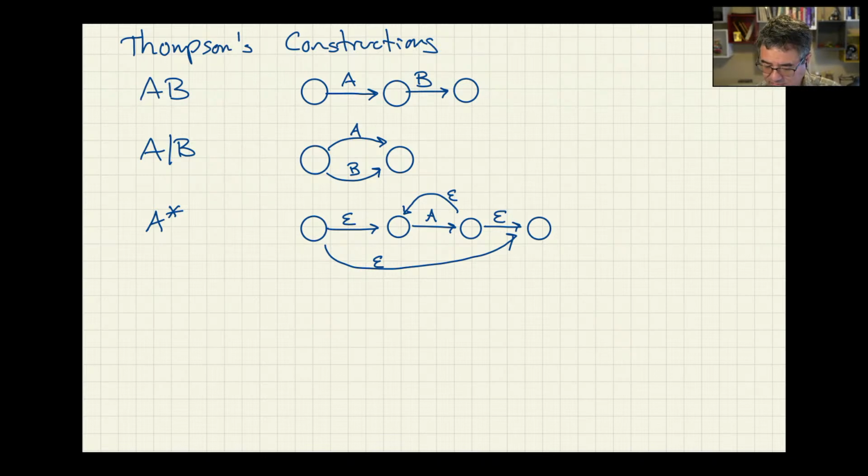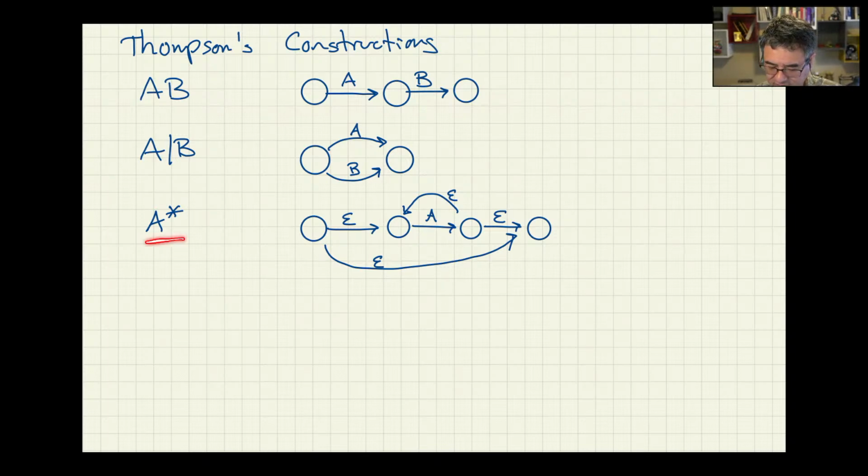So just to review, if you've got two or more sub-regular expressions that you want to chain along, you just simply draw them as a sequence of states with transitions. If you have an alternation, you can go one way or the other. In Thompson's constructions, you drew it as two separate transitions that go to the same state, rather than two different branches.